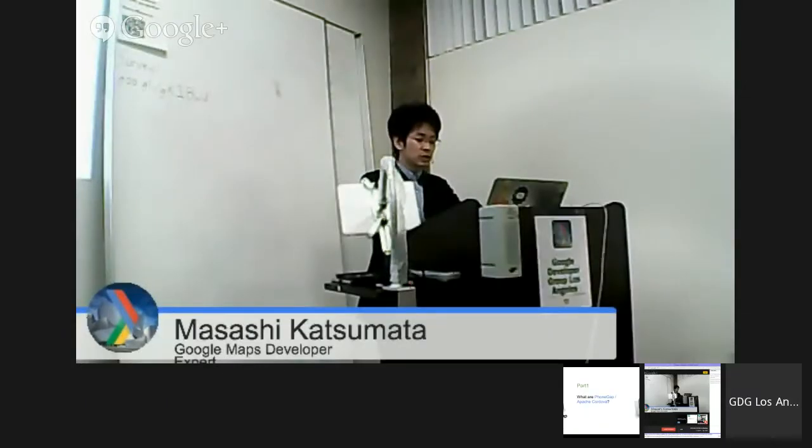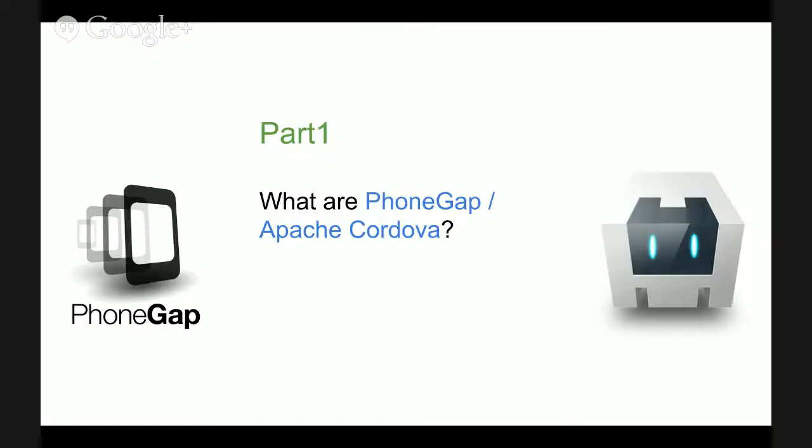PhoneGap enables you to create a mobile application using JavaScript, HTML5, and CSS3. It means you can use a bunch of JavaScript libraries, easy HTML5 structure, and CSS3 animation, and your knowledge of creating web pages.